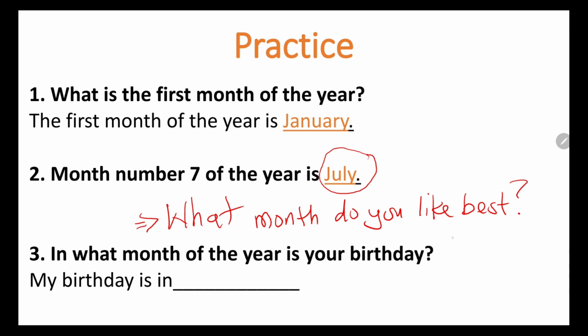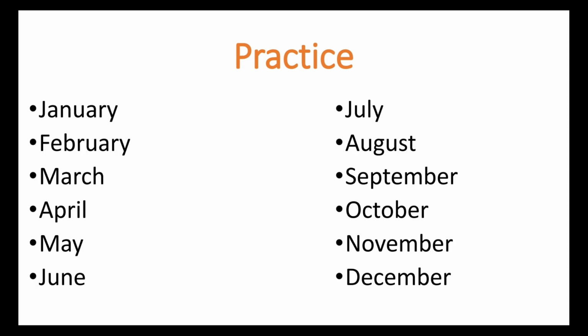And your answer will be, I like X month. Write the name of the month here, and then you say best. For example, I like January best. I like June best. I like August best. Okay? Keep practicing.